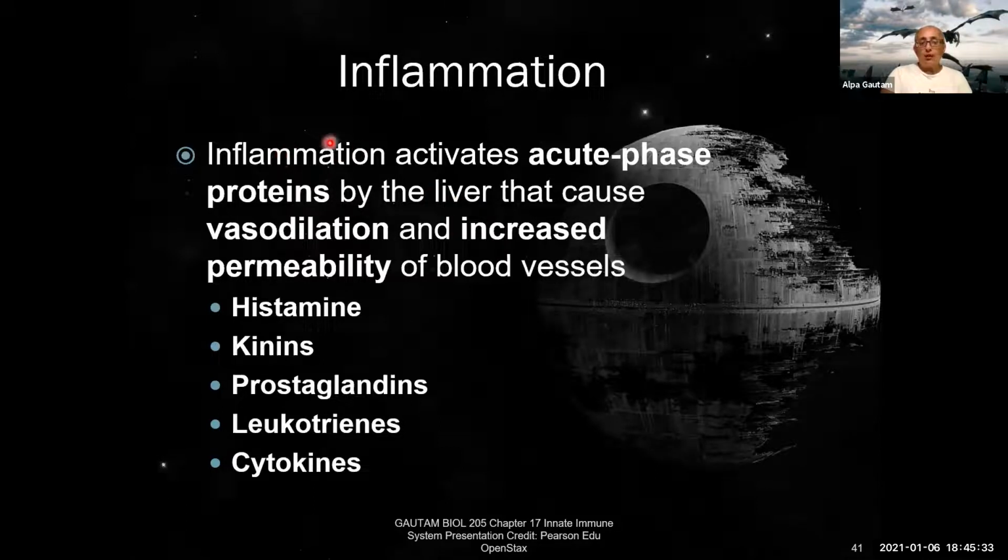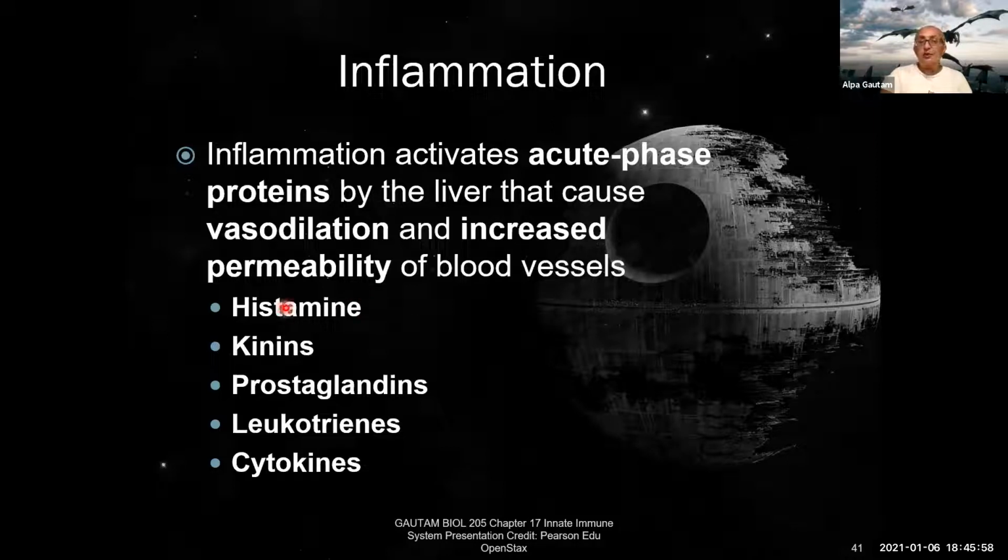Inflammation is caused by the release of chemicals that cause vasodilation, right? Which increases permeability of blood vessels. The chemicals that cause inflammation include histamine, which we saw is released by the basophils.